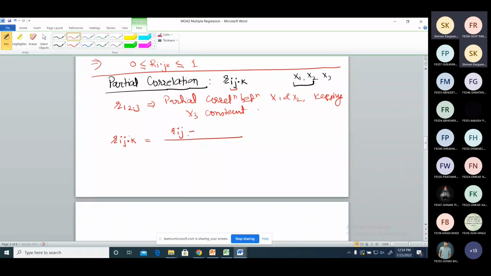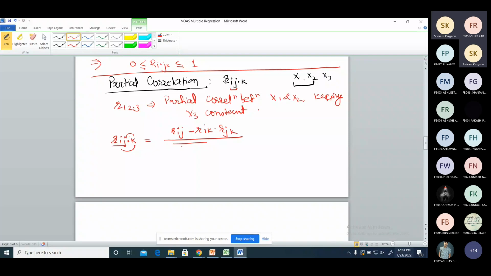In the numerator I will write R ij minus the combination R ik into R jk. Got it?